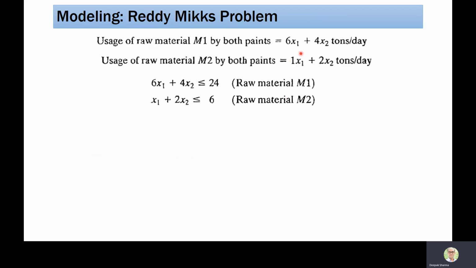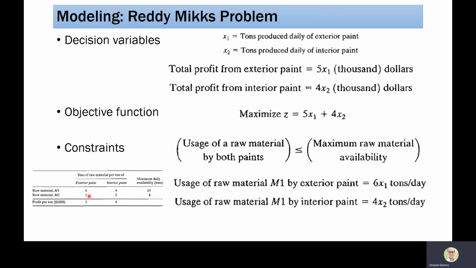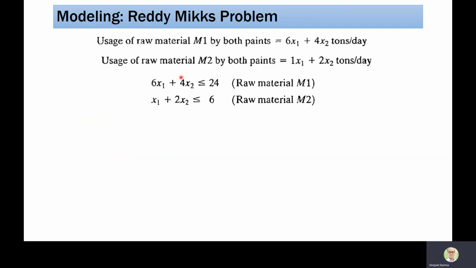Similarly, we can write for raw material M2 as x1 plus 2x2. This should be either equal to 6 or less than 6. So that's why we are writing this constraint based on raw material 1 and 2 in this format.